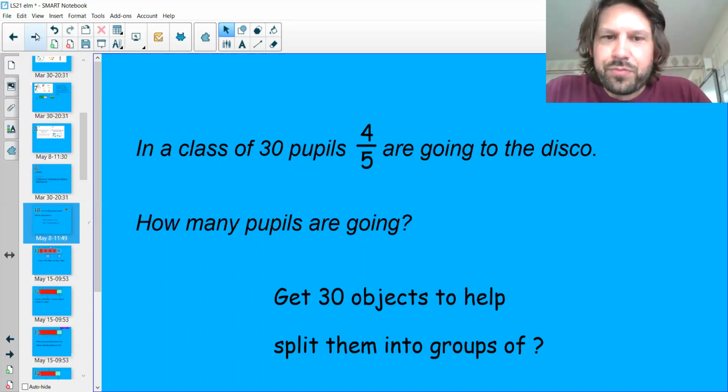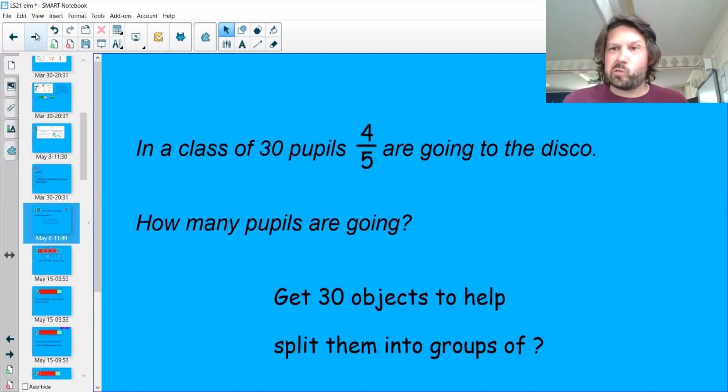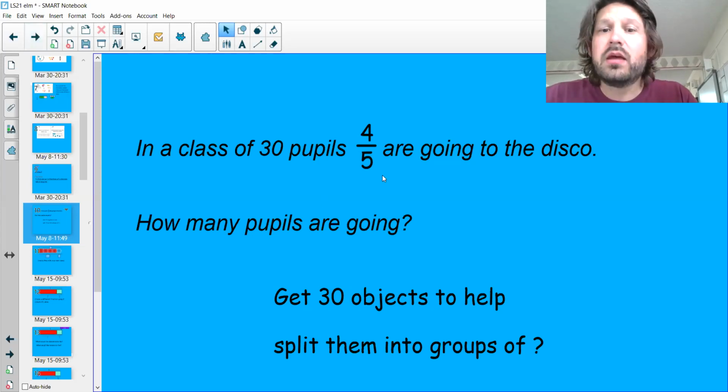So in a class of 30 pupils, 4/5 are going to the disco. How many pupils are going? Get 30 objects to help. Split the 30 objects into groups of, have a look at the denominator, groups of 5.